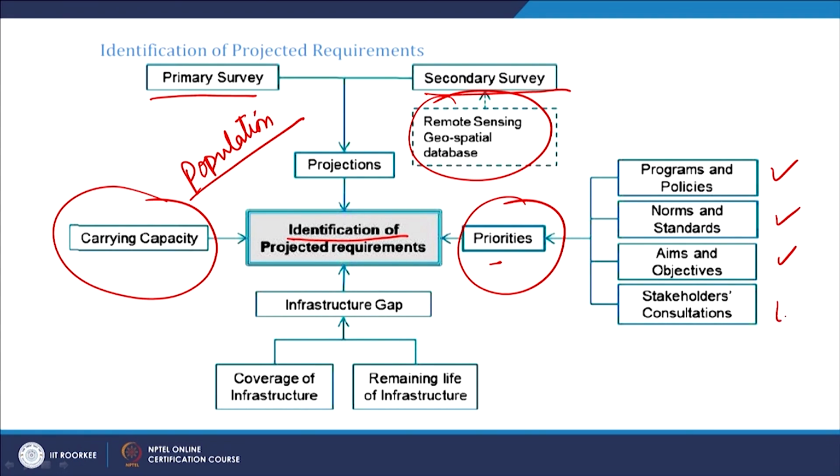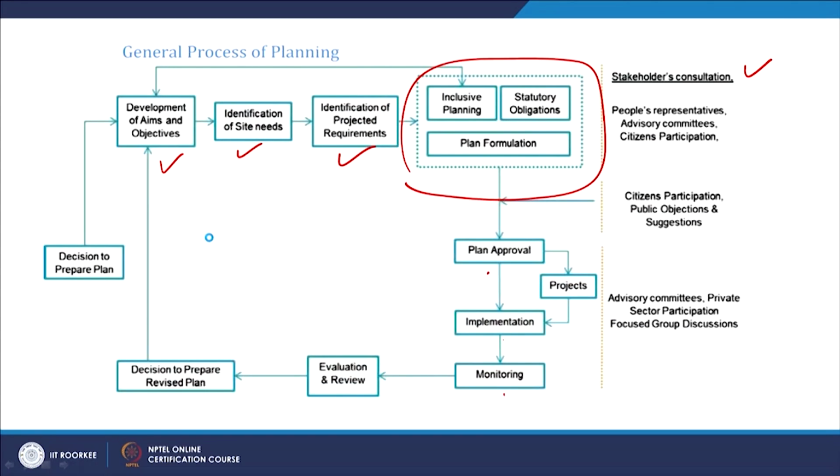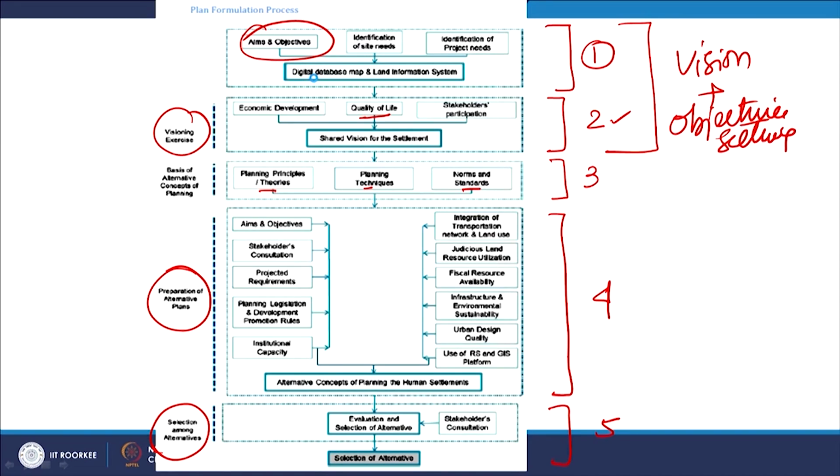We understand the infrastructure gap based on that, and the coverage of the infrastructure and the life cycle of the existing infrastructure should also be taken care of. So, the ultimate objective of this stage is the identification of the projected requirement for the projected population. This stage is placed somewhere in between the planning process.